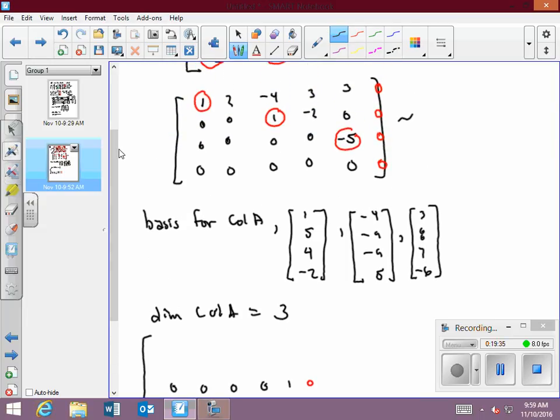That way it makes it easier when you go up here. 0, 0, 1, minus 2, 0, and then my augment. And I go 1, 2, minus 4, 3, and 0 with my augmentation.